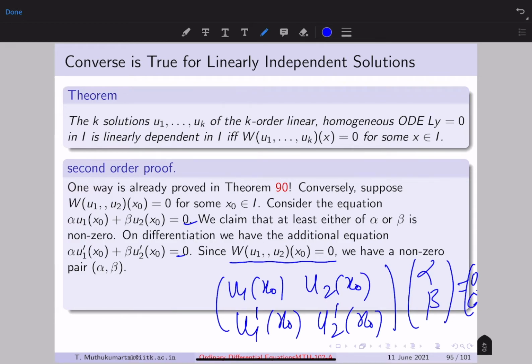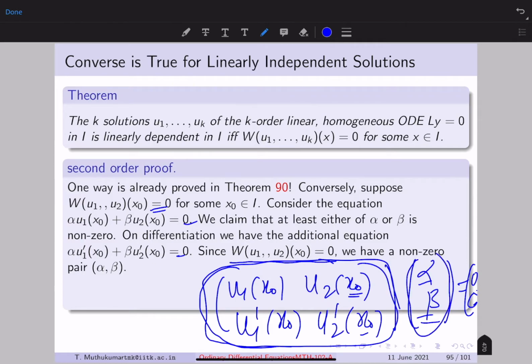The determinant of this at x naught is assumed to be 0. That means the kernel of this matrix should be non-trivial. That means there exists a non-zero vector alpha beta such that this is 0. So we have a non-zero pair alpha beta, from the assumption.